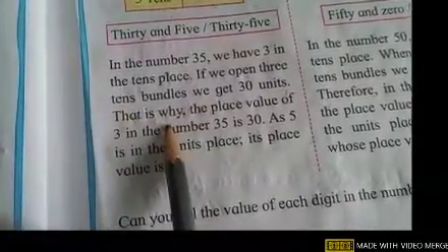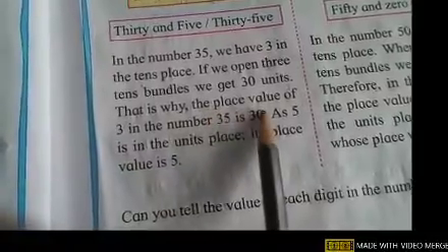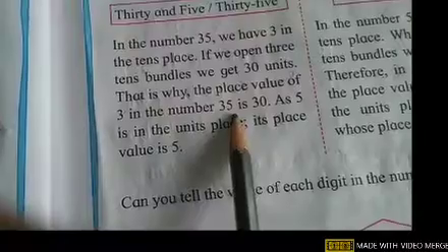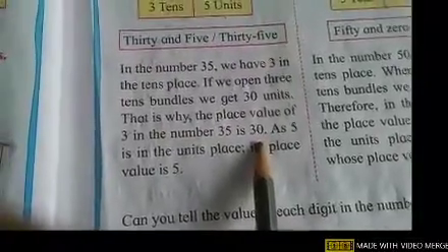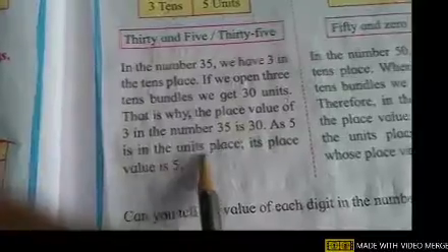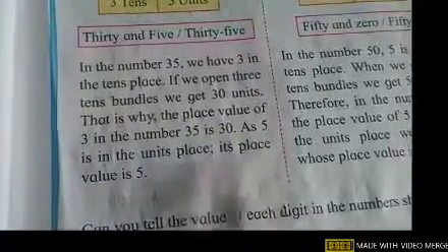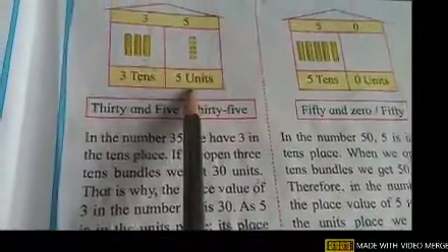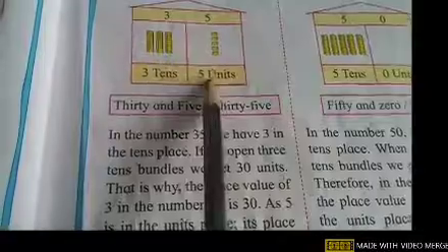That is why the place value of 3 in the number 35 is 30. As 5 is in the units place, its place value is 5. So 5's place value is 5 because it is coming in units place, single 5. Okay.